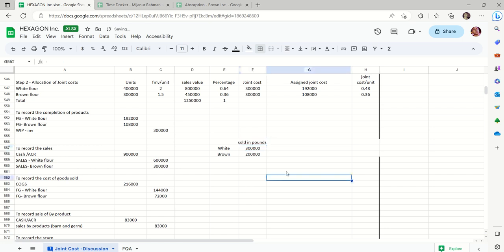Okay, this is what you sold. The market price, your cost, was, how much was it? Your cost was 48 cents right here, and your cost per unit was 36 cents. Okay, cost per pound.